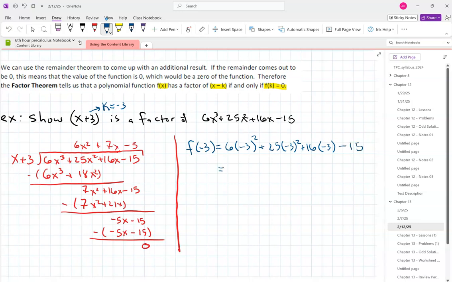So let's see, negative 162 plus 225 minus 48 minus 15. That does give me 0. Notice that they're both telling me the same thing, right? That x plus 3 is a factor.